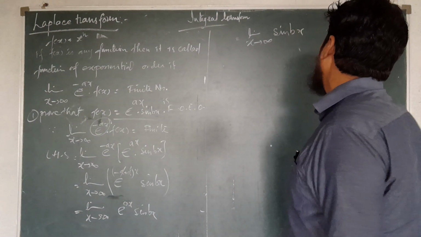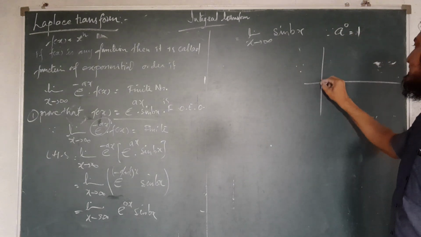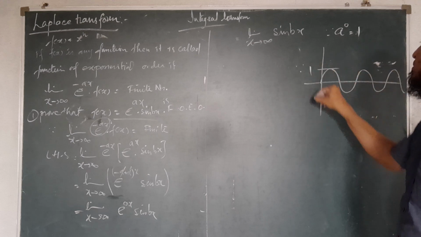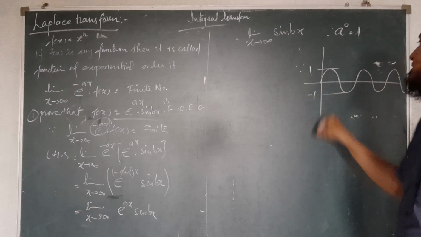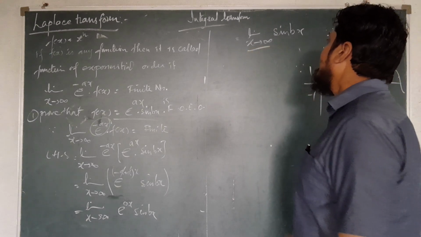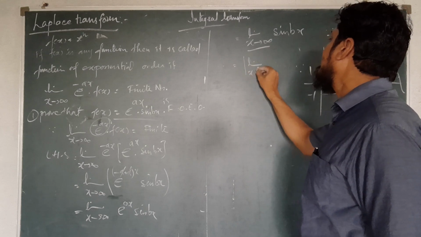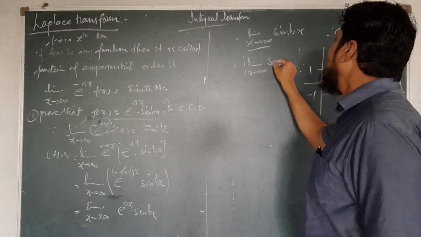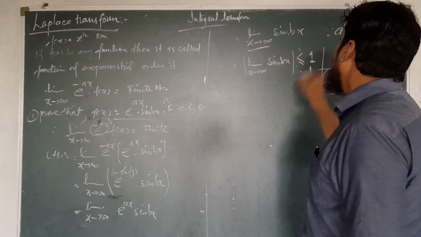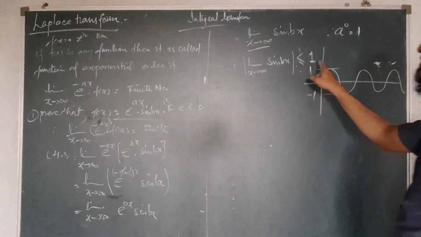And since we know that the graph of the sine function lies between 1 and minus 1, if we take the limit to infinity, sine bx is bounded by 1, which is a finite quantity.